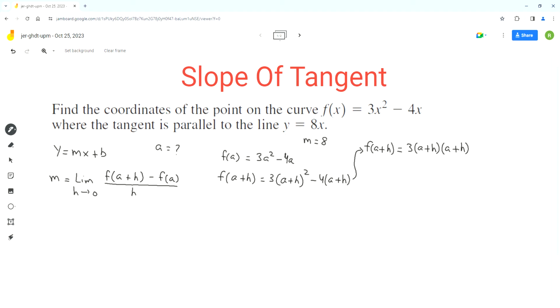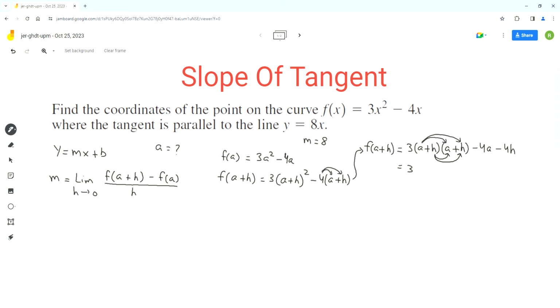And in the second parentheses, we can distribute the 4, so we get negative 4a minus 4h. Now we can distribute the terms in these two parentheses using the FOIL method. So a times a, then a times h, then h times a, and then h times h.